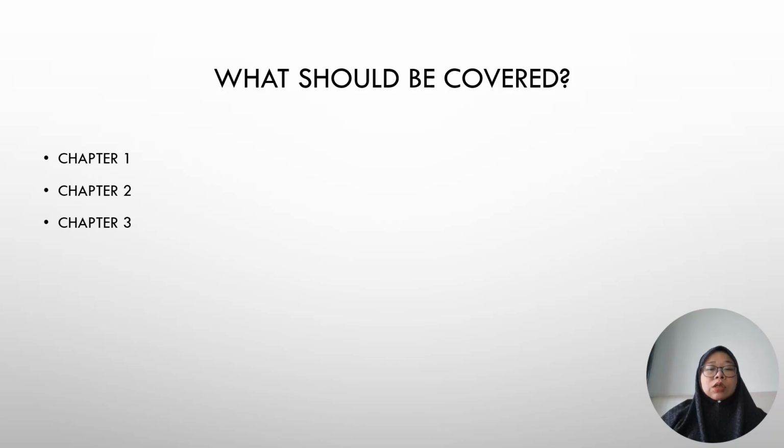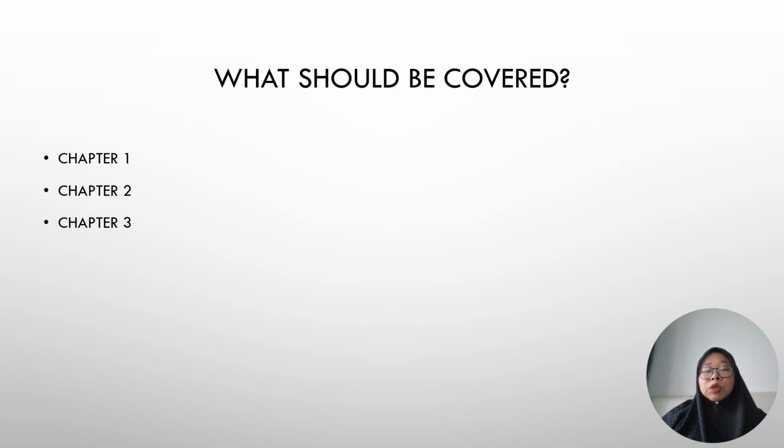So what should be covered in writing of your chapter 1, 2, and 3? For chapter 1, you will begin to write clearly of the background of your research problem. This involves identifying an issue faced by businesses or industries and translating it into a researchable question and objective.